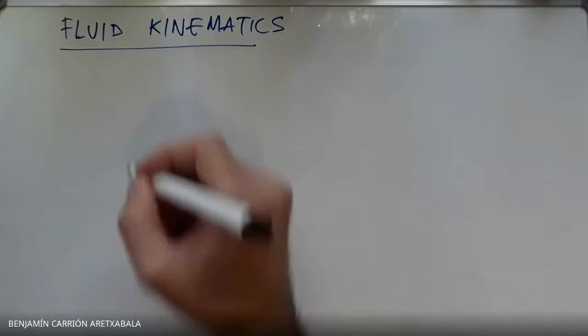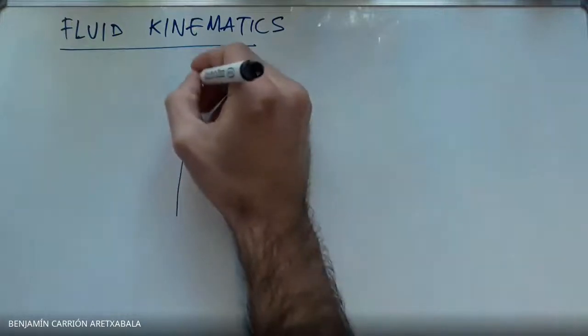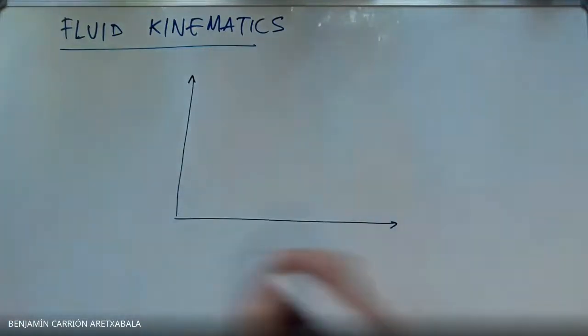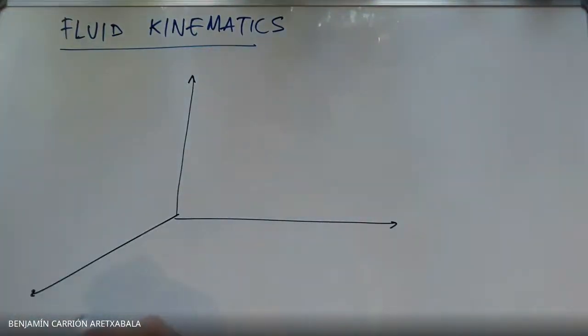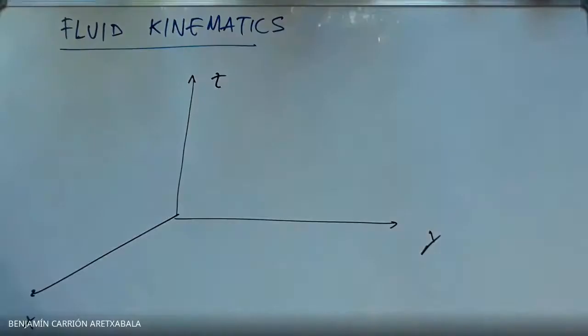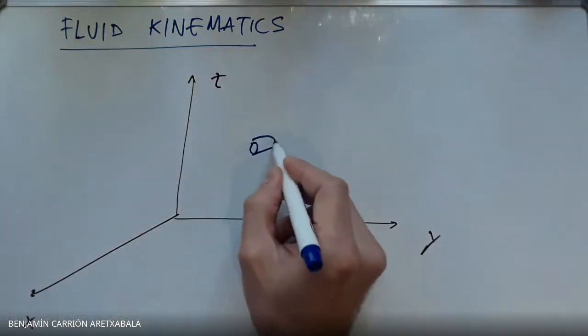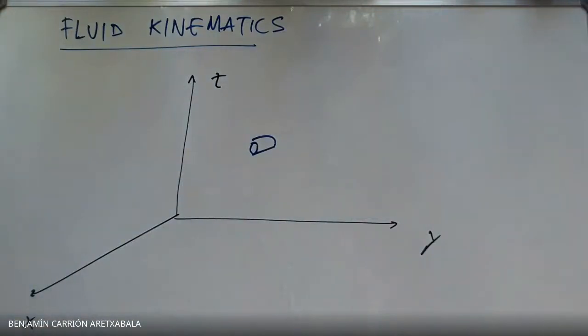So basically, let's say we have a Cartesian coordinate system, where this is x, y, and z, and we have a parcel of fluid. Okay, a very small unit of fluid.